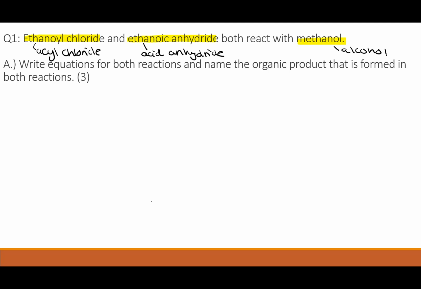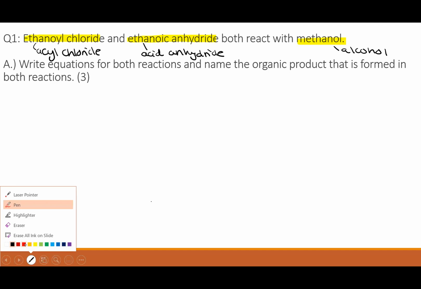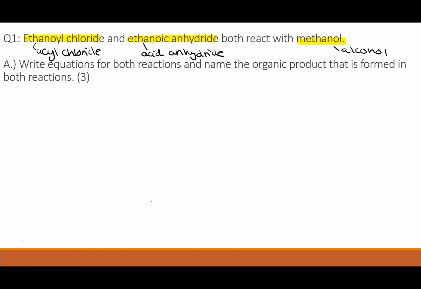So ethanoyl chloride, let's draw this equation out first. Let's get our pen ready. That's our ethanoyl chloride and we're reacting it with methanol. So let's add our methanol on. And then we're going to draw our products.